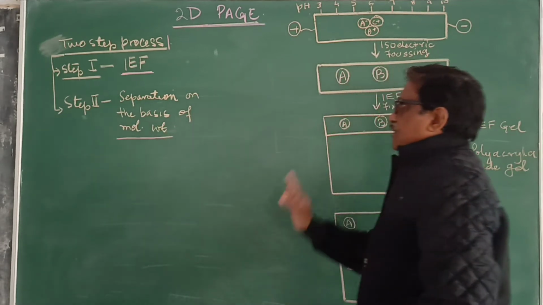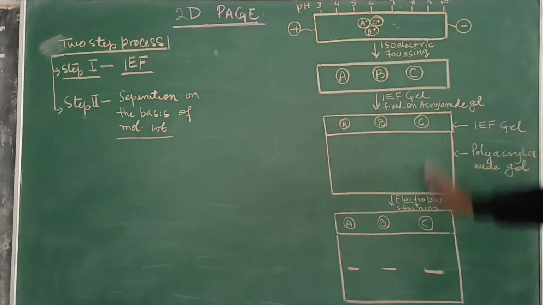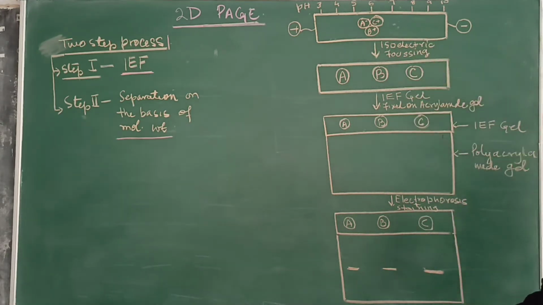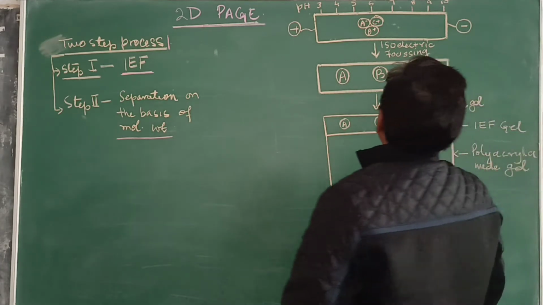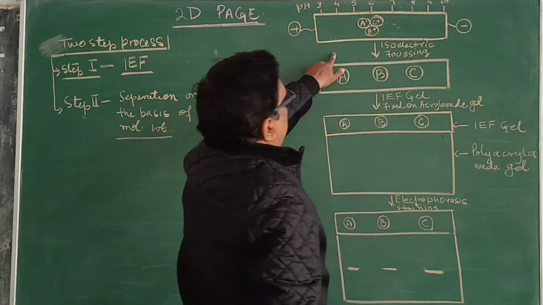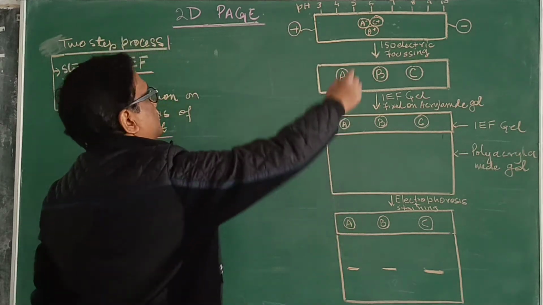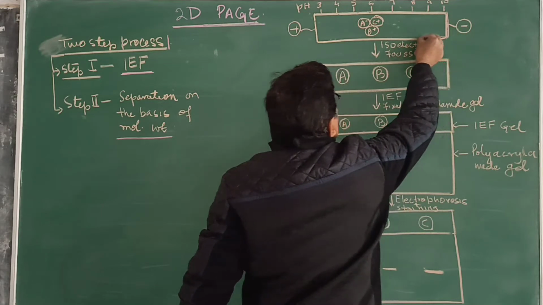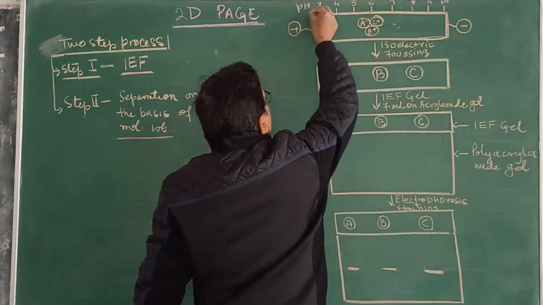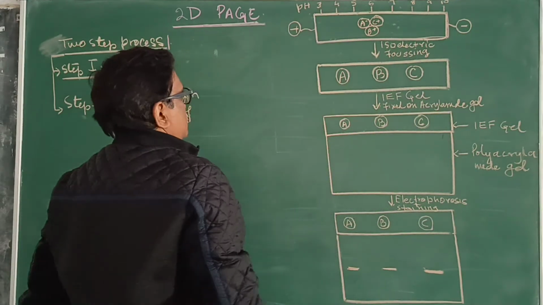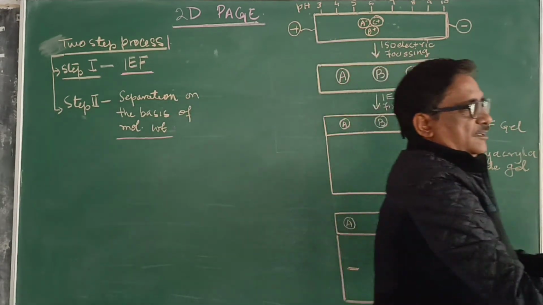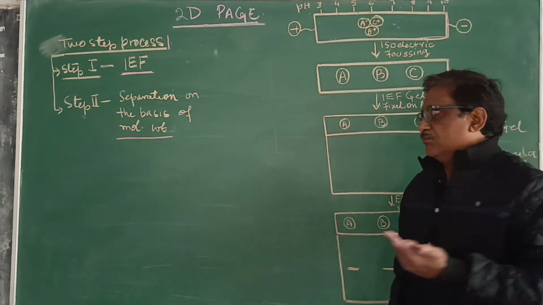Okay, so we will understand the process through this diagram. Here we have the isoelectric focusing step, an isoelectric focusing gel on a strip of plastic or glass.